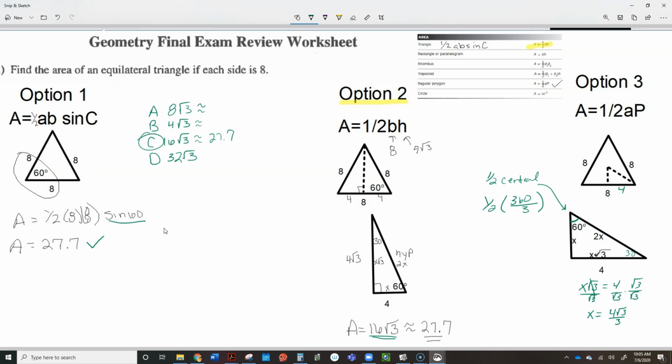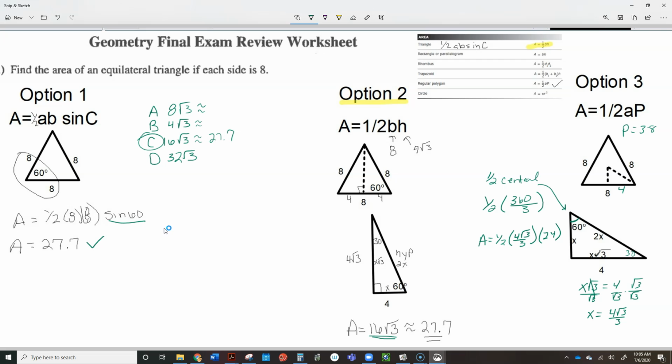So for your formula, the area is 1/2 times your apothem, 4 square roots of 3 over 3, times your perimeter, and the perimeter up here is 3 times 8, so that's 24.